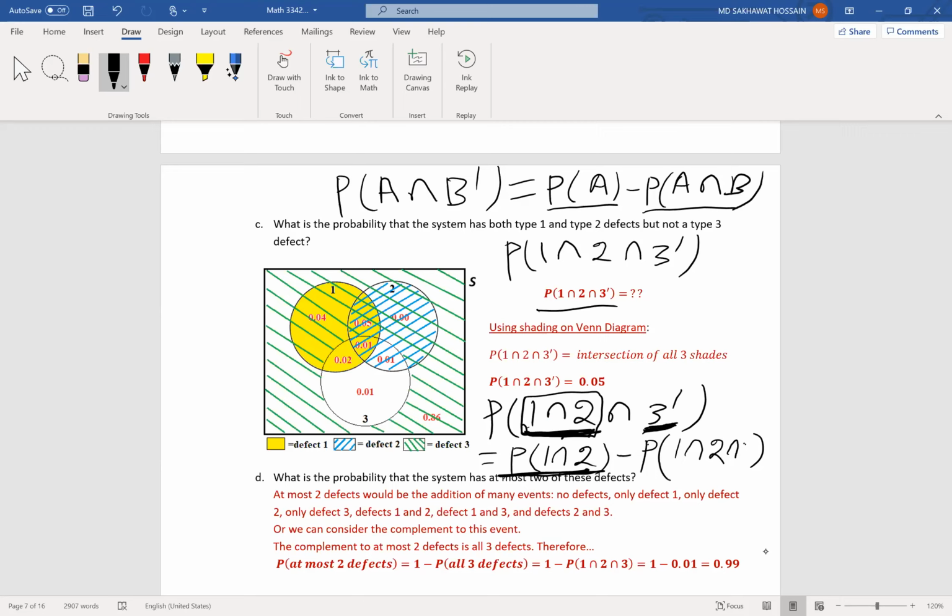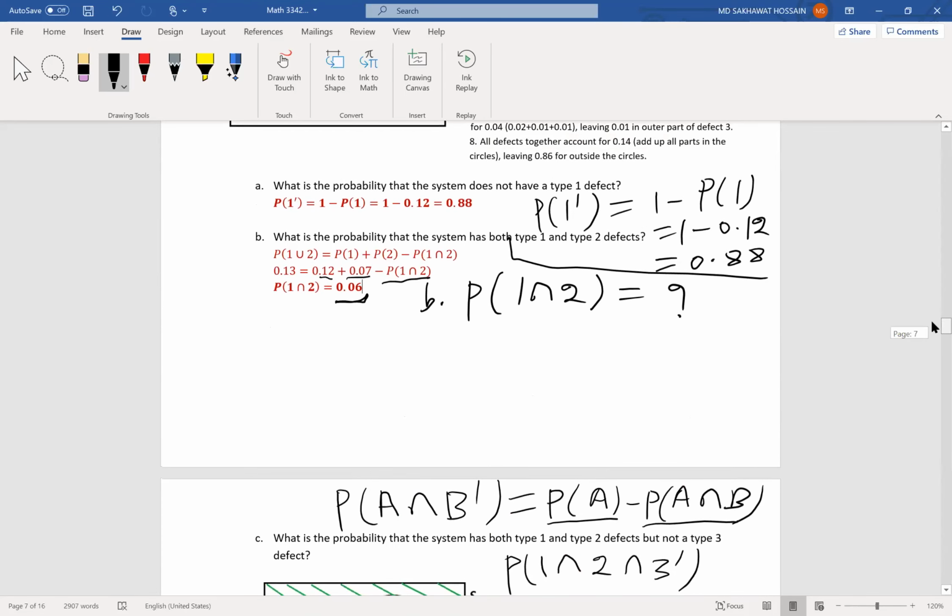So you have to write this one first and then intersection and this one without complement. You already know the probability of 1 intersection 2, right? From part A maybe, yeah.